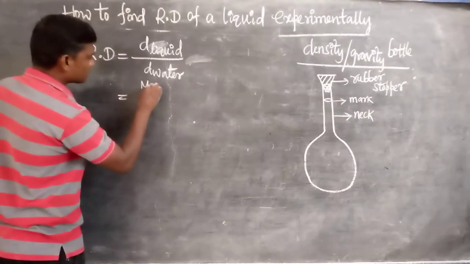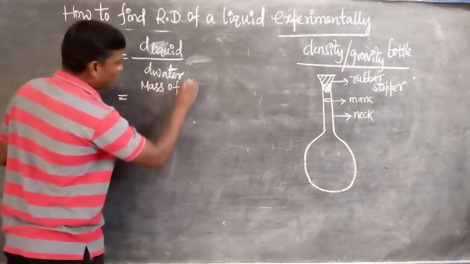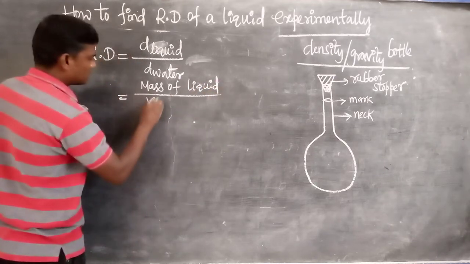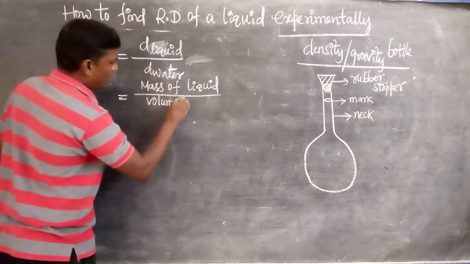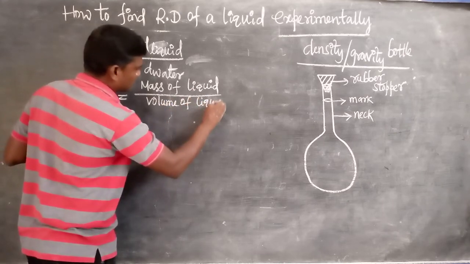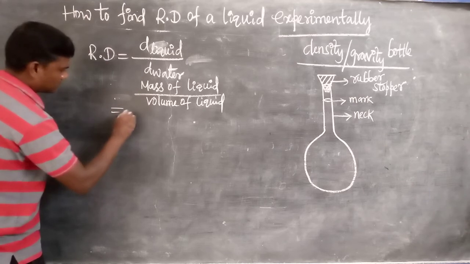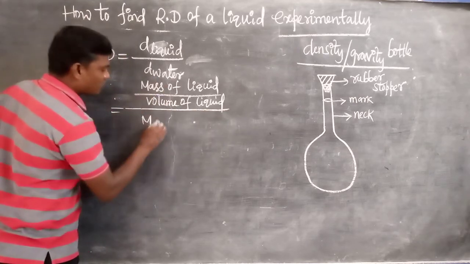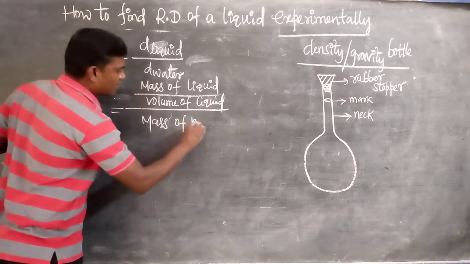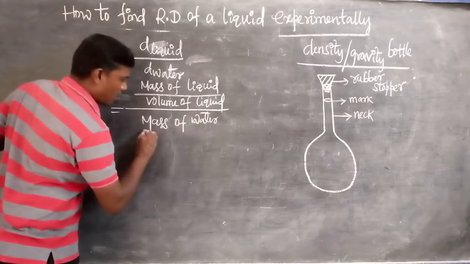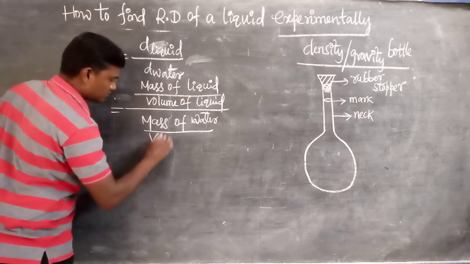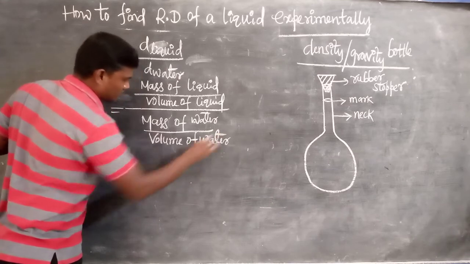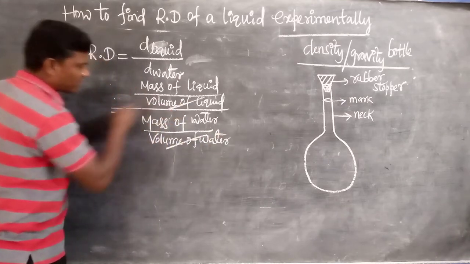That's why mass of liquid upon volume of liquid, upon density of water, which is mass of water upon volume of water. Volume of water and volume of liquid cancel.